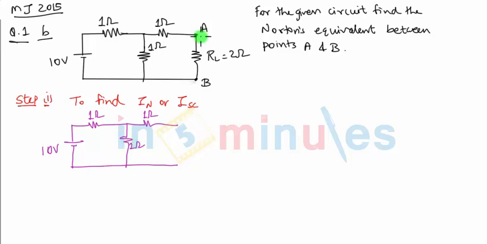And now, between points A and B, because we want to find short circuit current, we will short points A and B. So we have 2 points defined A and B, but we have short circuited them, and the current through this short circuit branch is called ISC, or it is called IN, Norton's current or short circuit current. So let us find out ISC or IN in this particular case.